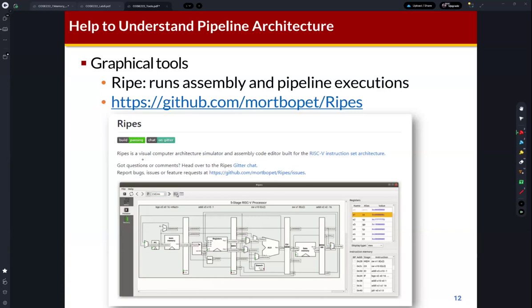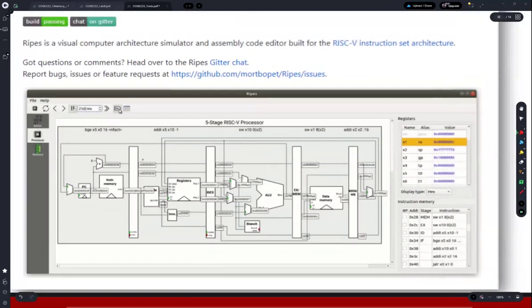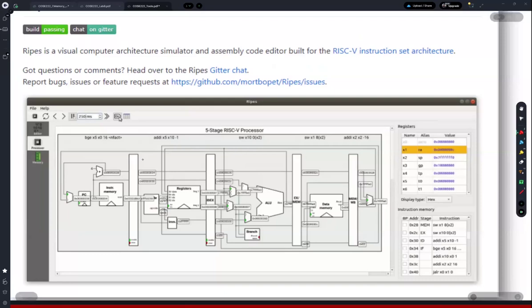What's good is that using this graphical simulator, we can observe how instructions are executed in each stage of RISC-V, right? In this example, you can find several instructions here, okay?